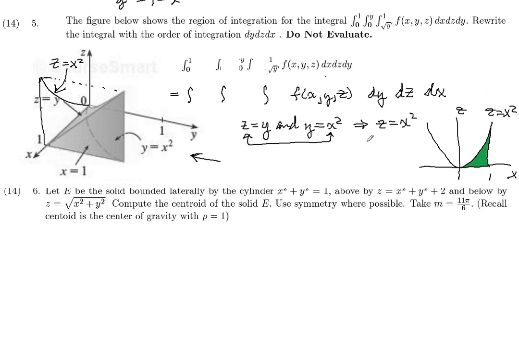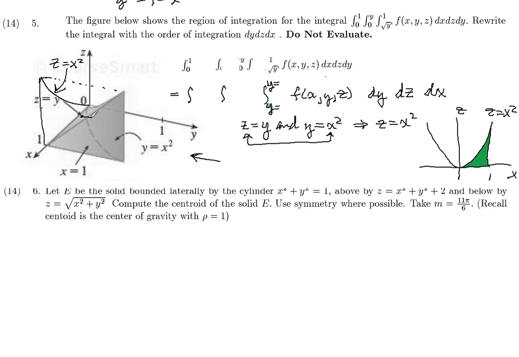So if we're varying in the y direction, what are going to be our y limits here? First we've got to do y equals what to y equals what. If you're varying in the y direction, then you're going to go from this surface here out to the back surface, which is y equals x squared, this curved surface here.